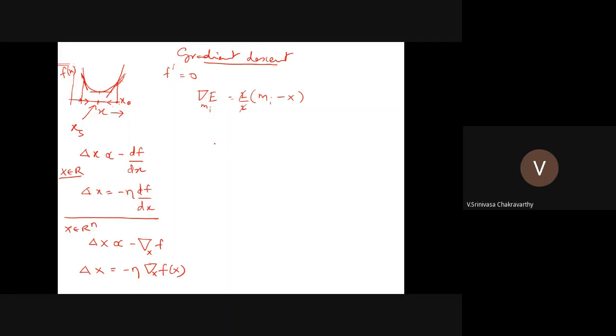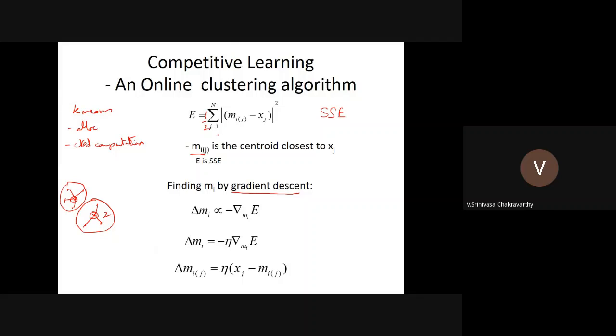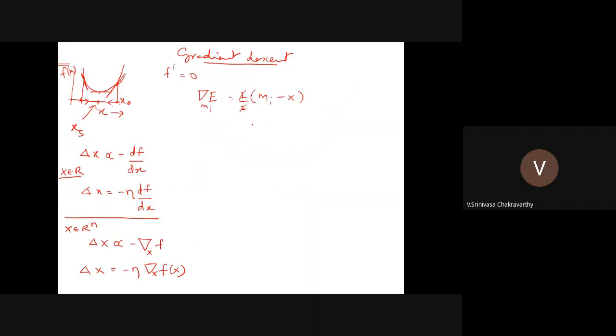Now if you take the negative of this, delta mi is equal to minus eta del of E with respect to mi, which gives minus eta times mi minus x, which is equal to eta times x minus mi.